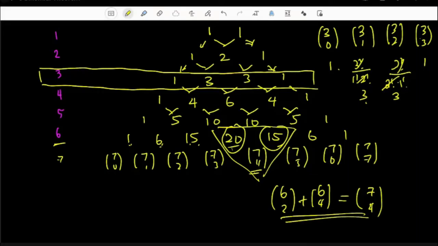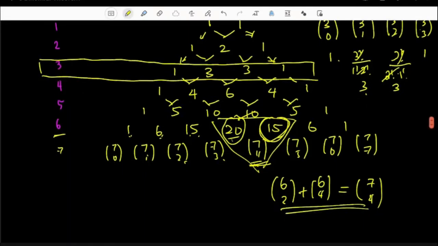Because in terms of the binomial coefficient, this is 6 taken 3 and this is 6 taken 4. So 6 taken 3 plus 6 taken 4 gives you 7 taken 4. So that's on row 7 at k equals 4. So 0, 1, 2, 3, 4. Right?